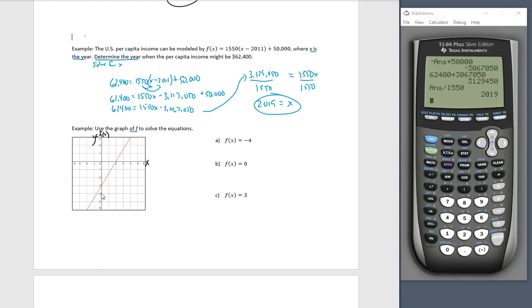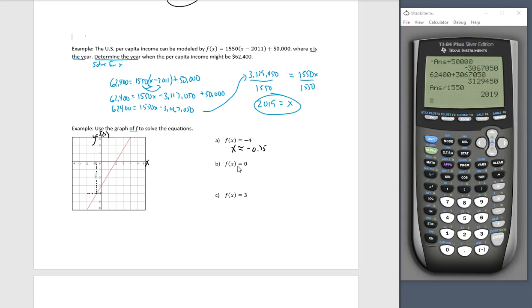So I find negative 4 on the y-axis, and I want to know where this hits the x-axis. I would say x is approximately negative 3/4. So I call it negative 0.075. Nope, negative 0.75. That decimal matters.